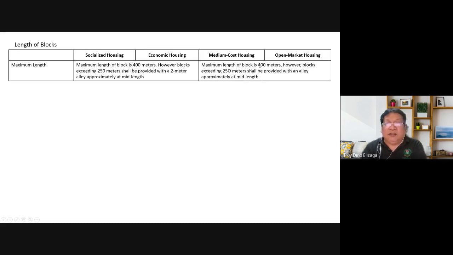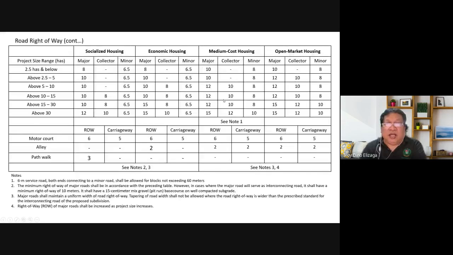Therefore, if it's a 400-meter block, there's already a 2-meter alley in the middle. But if it is less than 250, like you have only a 245-meter block, we don't need an alley. I think this is the same as the last time.